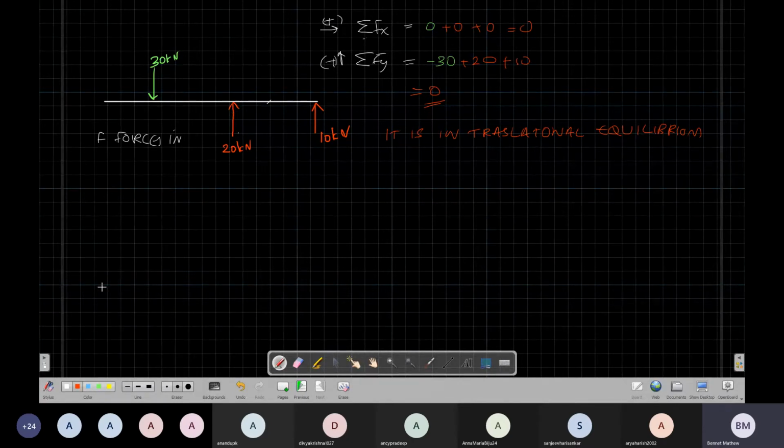Now let us say I will find the moment of these forces. Let's say the distances are given: this is 1 meter, this is 1 meter, this is 1 meter.